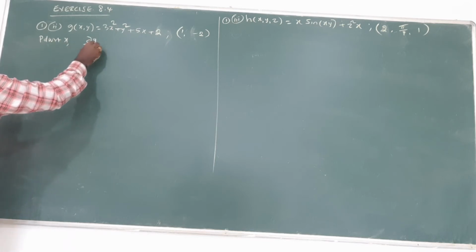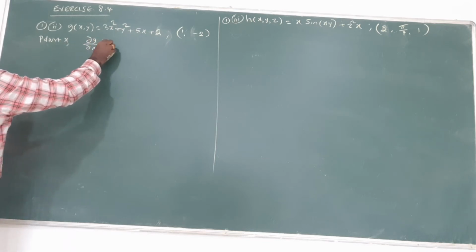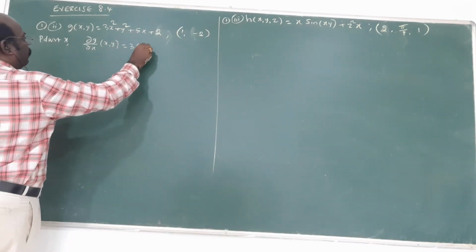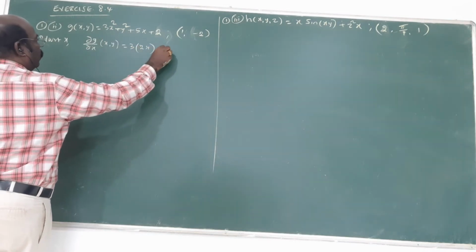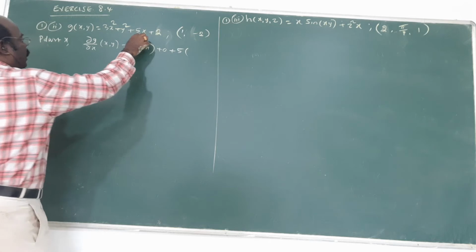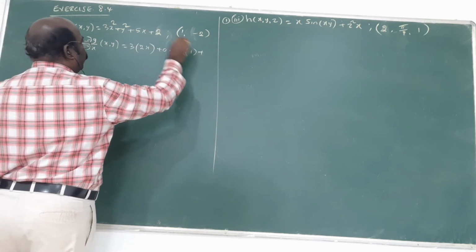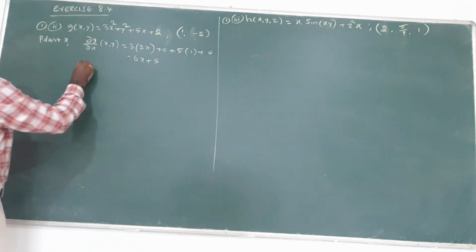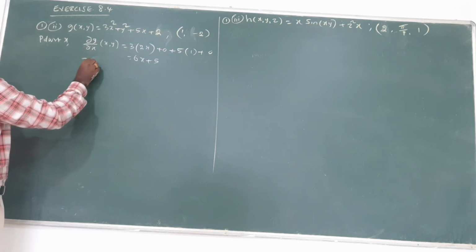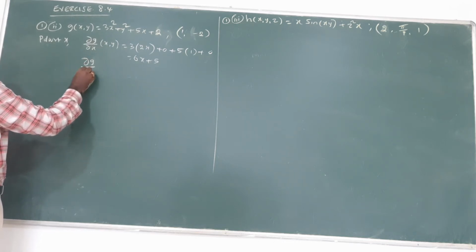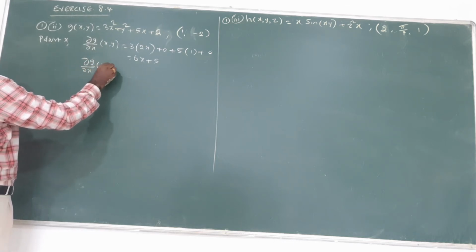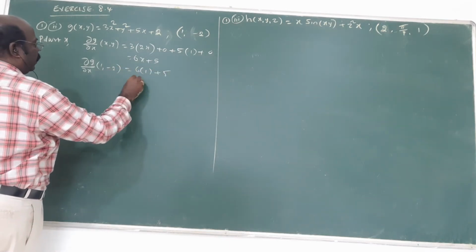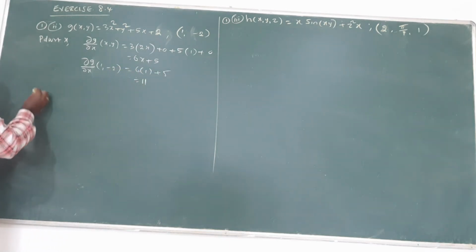Dou g by dou x of (x, y) equals, with respect to x, 3 into 2x, y square is constant so 0, plus 5 whose difference with respect to x is 1, plus 2 is constant so 0. So 6x plus 5. Now dou g by dou x at 1 comma minus 4: 6 into 1 plus 5, no y will appear. 11 is the answer. That's all.